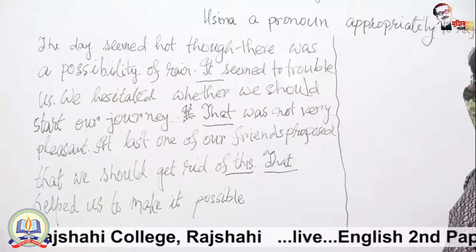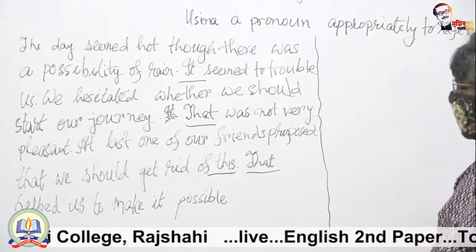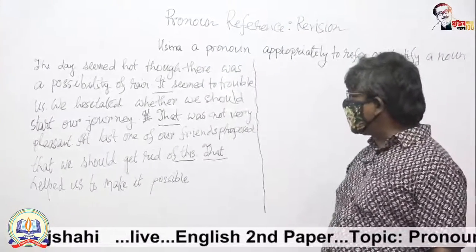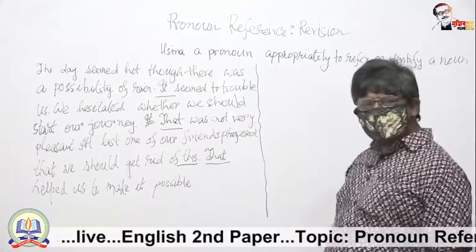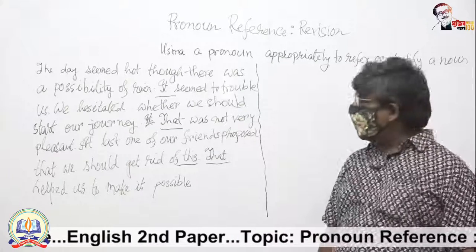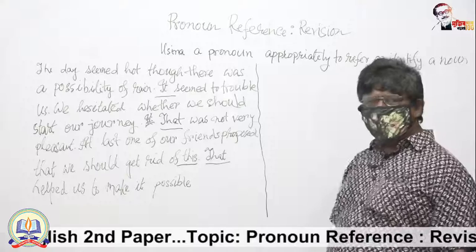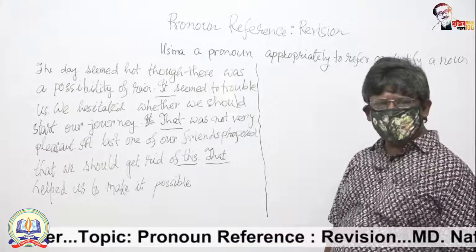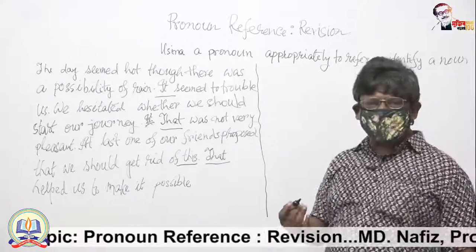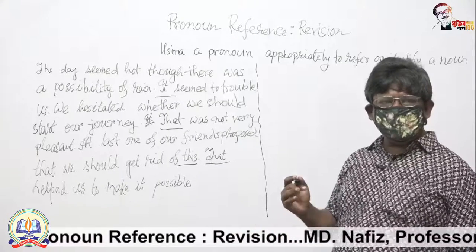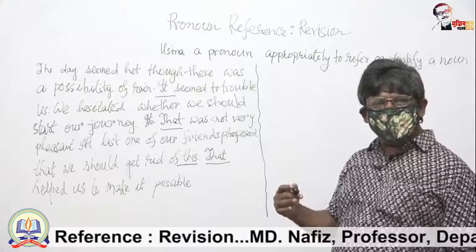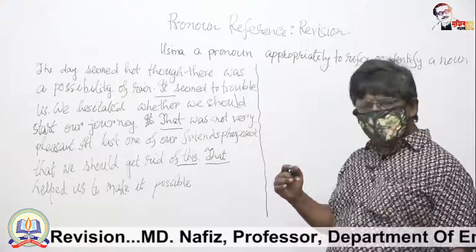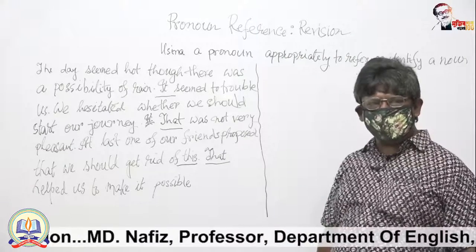Just read the passage yourself and you will find that the pronouns used in the passage create a complexity when you try to identify them with the noun used before it. Sometimes it happens that a noun is used in two different sentences or clauses.